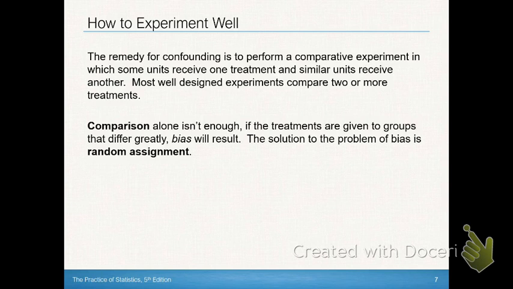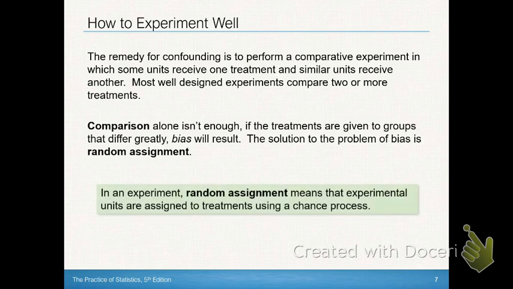And if we randomly assign them to the groups, then that confounding variable is going to end up being lessened. So we'll end up with some older students and some younger students in each of the groups, which means we'll also end up with some students that have had more or less math classes in each group. So that random assignment is really important so that it makes the two groups as equally likely as possible.